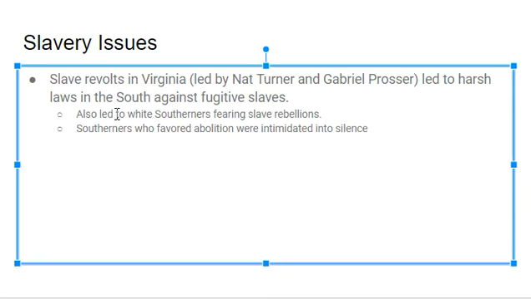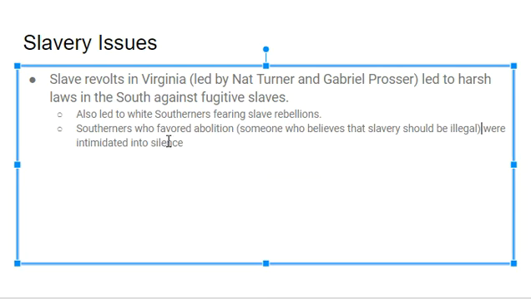They started going to war with the people who owned slaves. So after this, white Southerners started fearing slave rebellions. They were afraid the slaves would start fighting them. And Southerners who favored abolition were intimidated into silence. So abolition means someone who believes that slavery should be illegal.